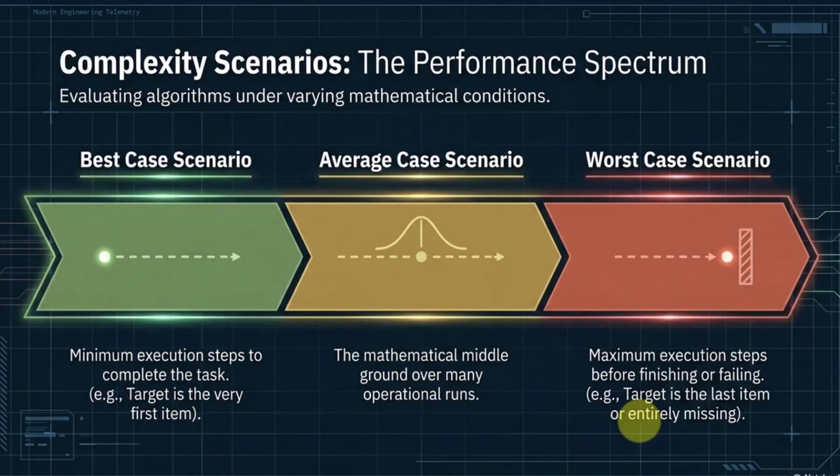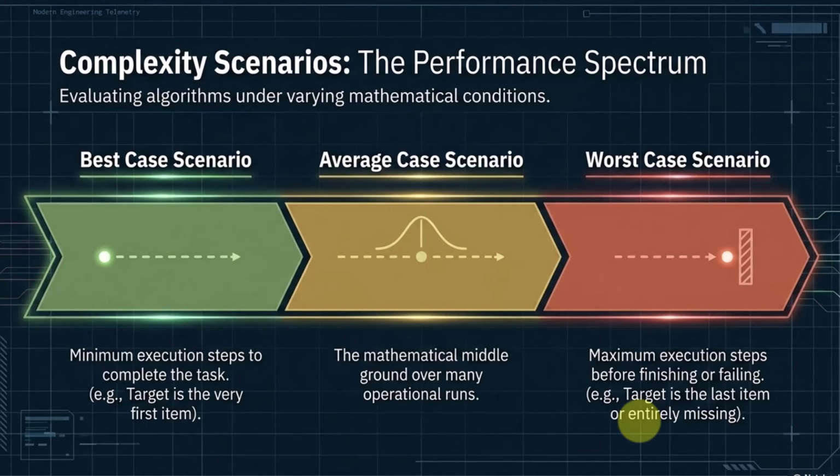Then complexity scenarios. The same algorithm on different data sets can work faster or slower, and the reason is that we can have different scenarios. In the best case scenario, for example in linear search, the data is in the first element, so only one comparison and you have found the data.